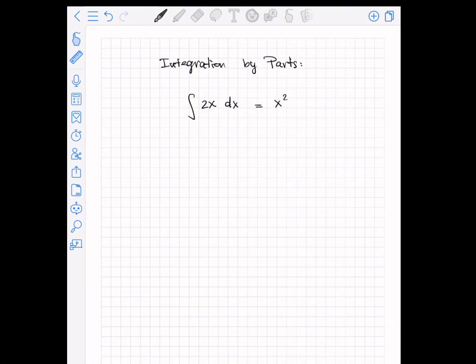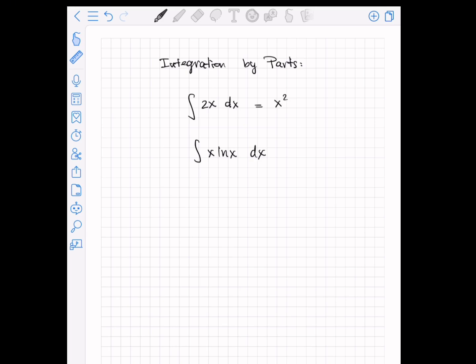We have a list of antiderivatives that you should memorize or have on your cheat sheet if you're still a beginner with antiderivatives.